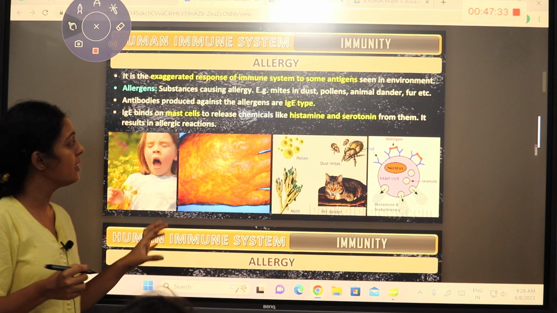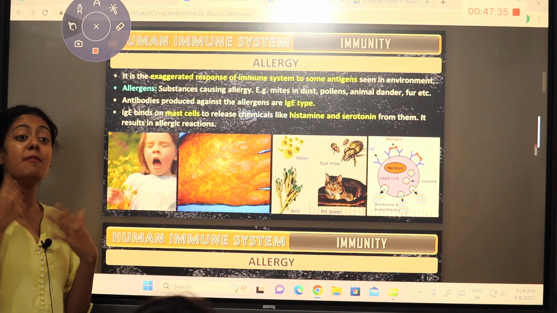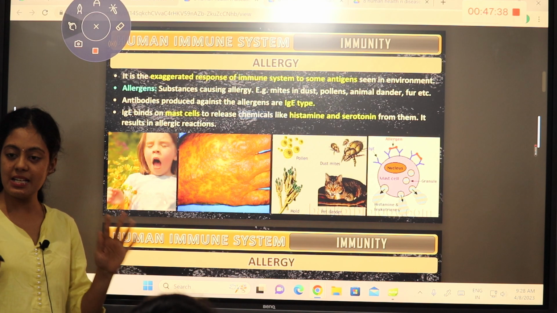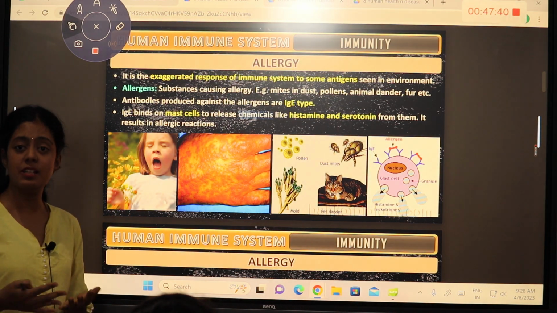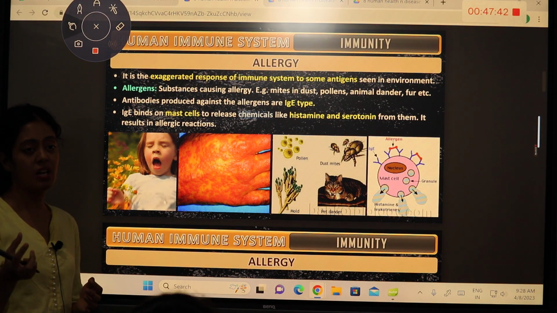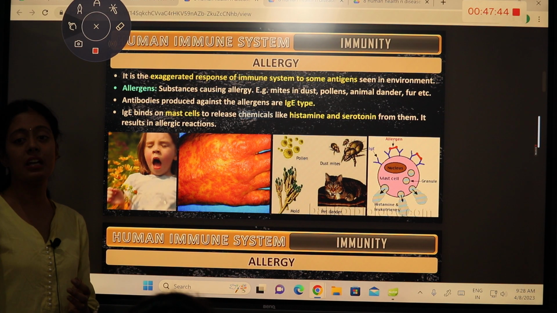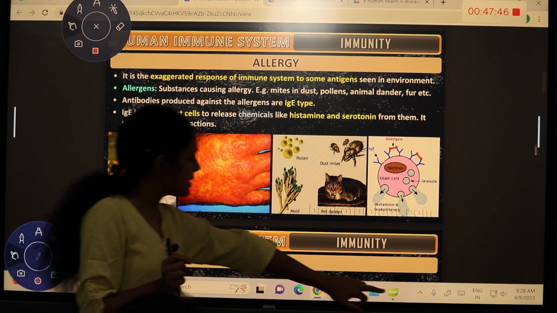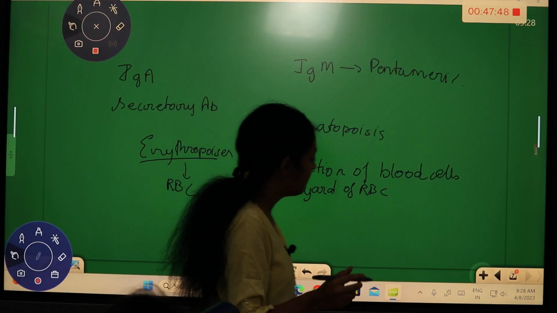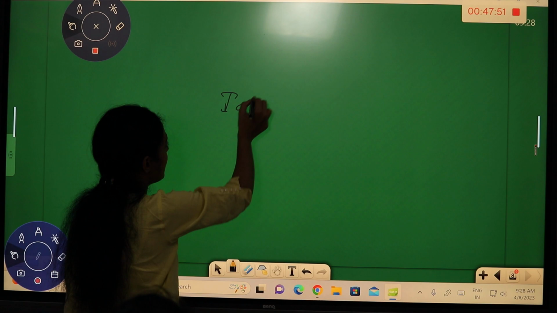So what is happening here? Your body is becoming hypersensitive. Sensitivity is good, but here it is hypersensitivity to a particular allergen. That is called an allergic reaction. So what is happening in this allergic reaction? You have the IgE antibody.